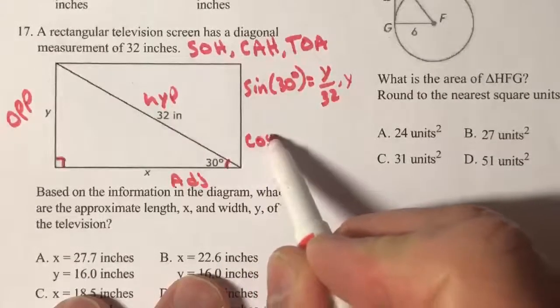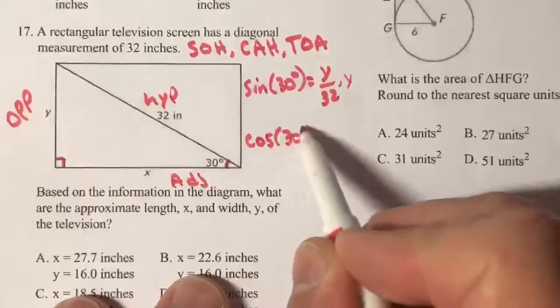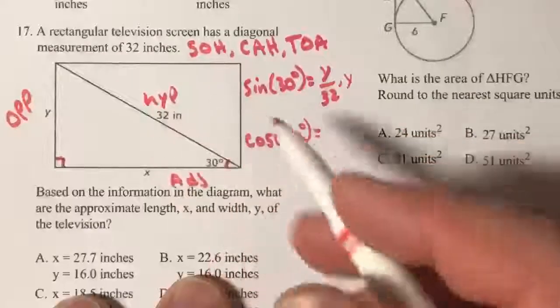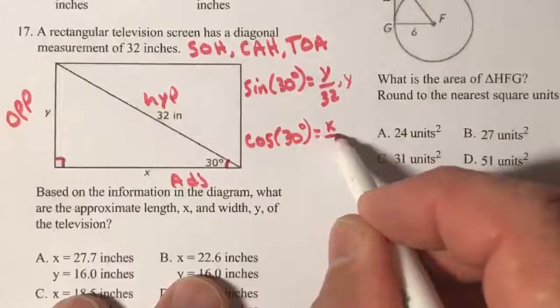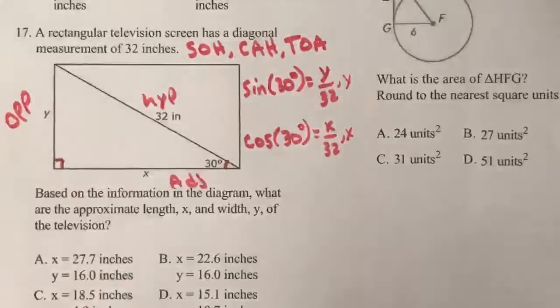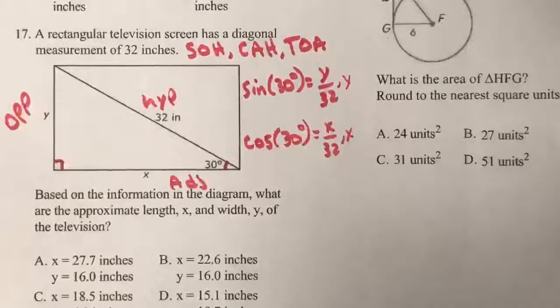Cosine 30 degrees equals adjacent over hypotenuse: x over 32, comma x. There it is, guys. This should be fast. By now we should have this down.